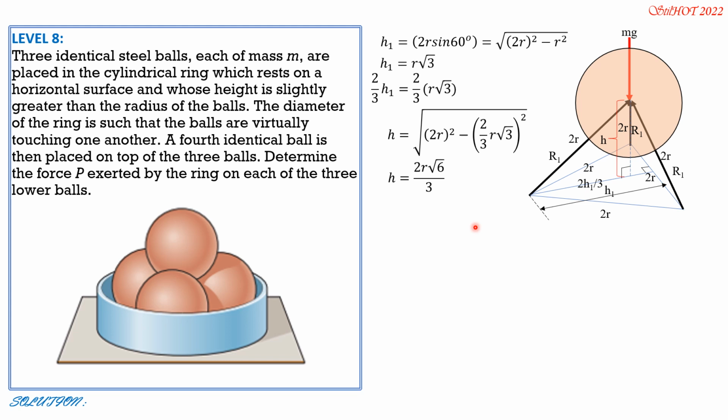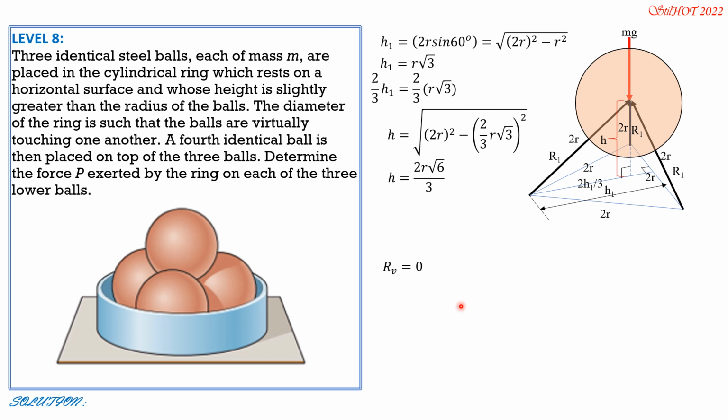So sum of R vertical equals 0. And therefore, the vertical component of R1 is multiplied by 3 because there are 3 reactions, because there are 3 lower spheres and they are equal.